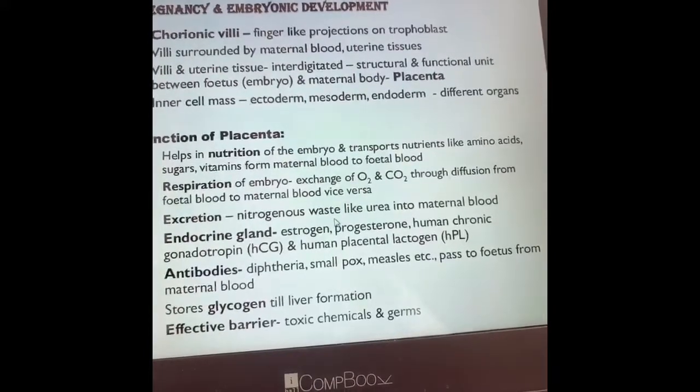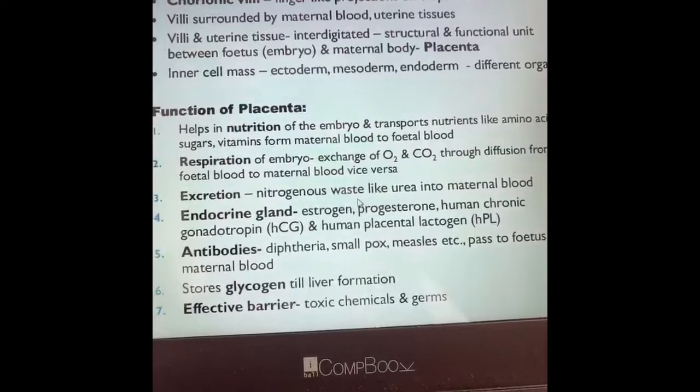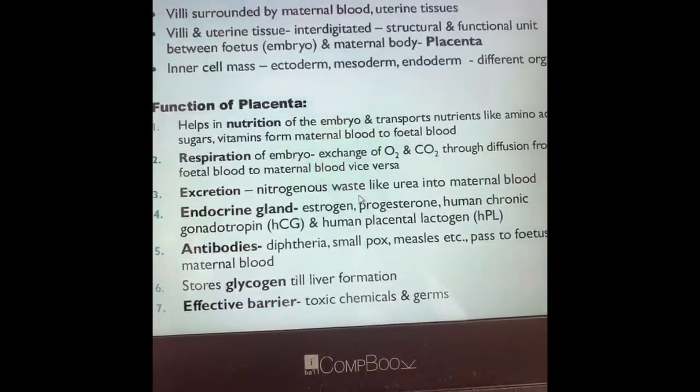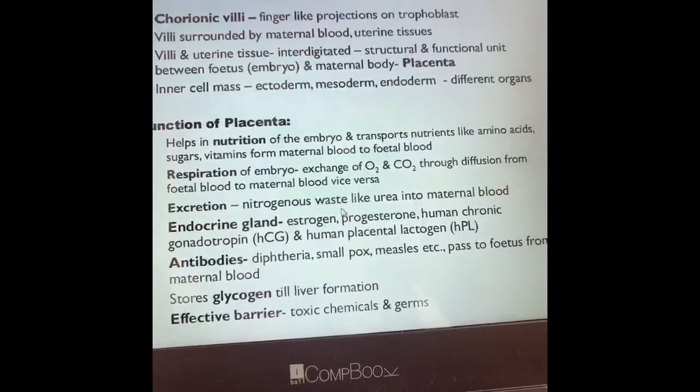Then the placenta also stores glycogen until liver formation occurs, and it acts as a barrier for toxic chemicals and germs.